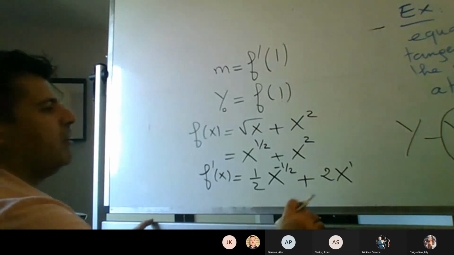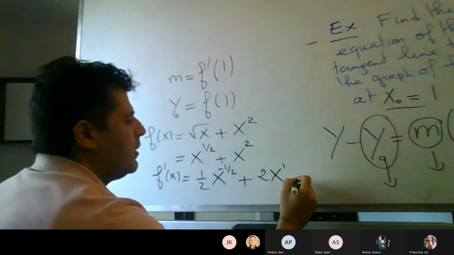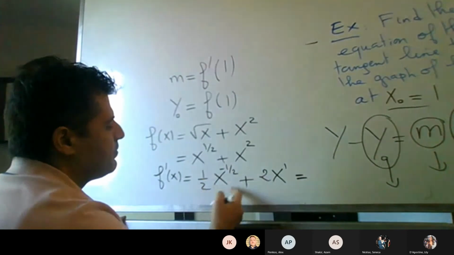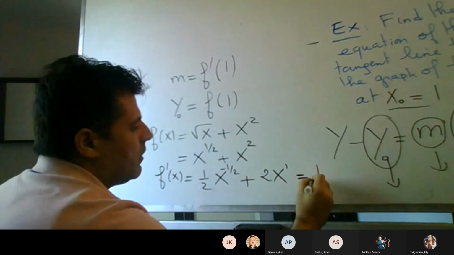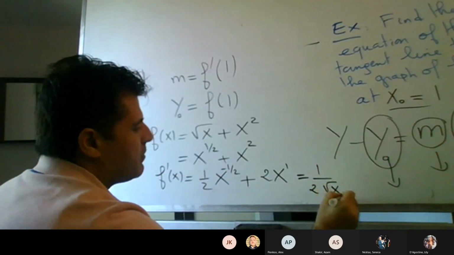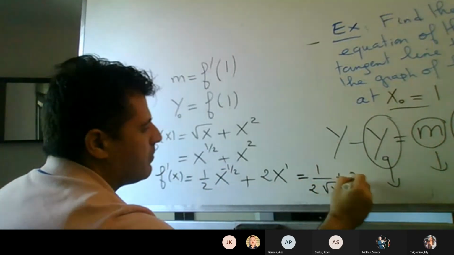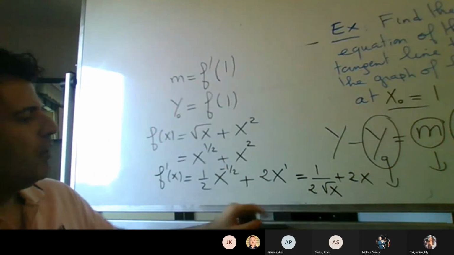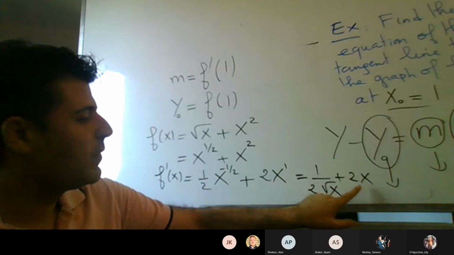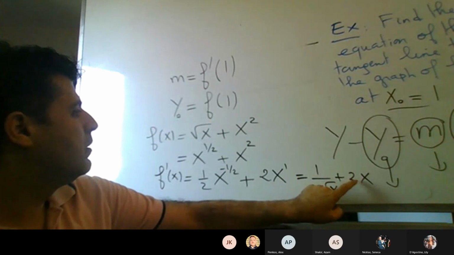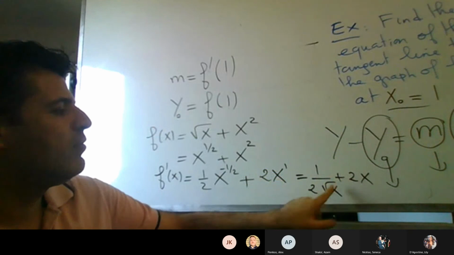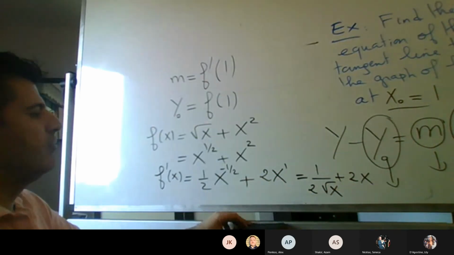So let me write it. The derivative is 1 over 2 times the square root of x, plus 2x. Then you replace x by 1. You get 1/2 plus 2, which is 5 over 2, so 2.5.